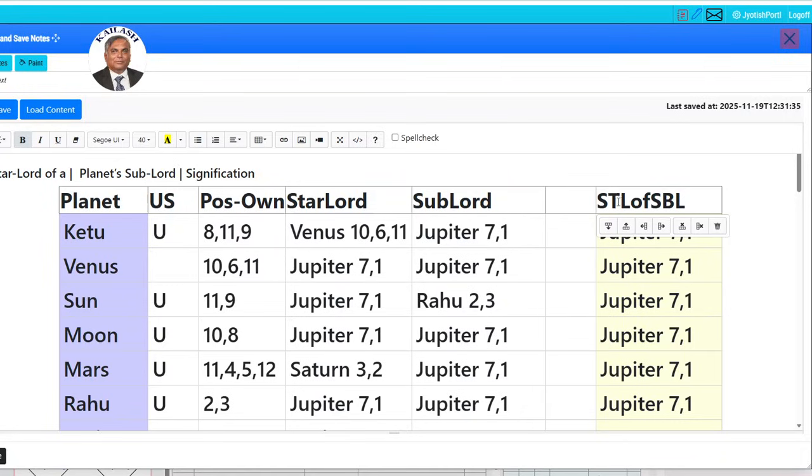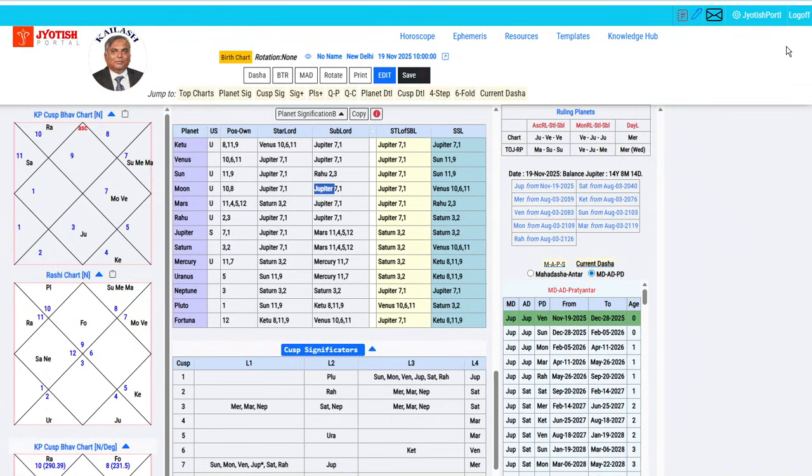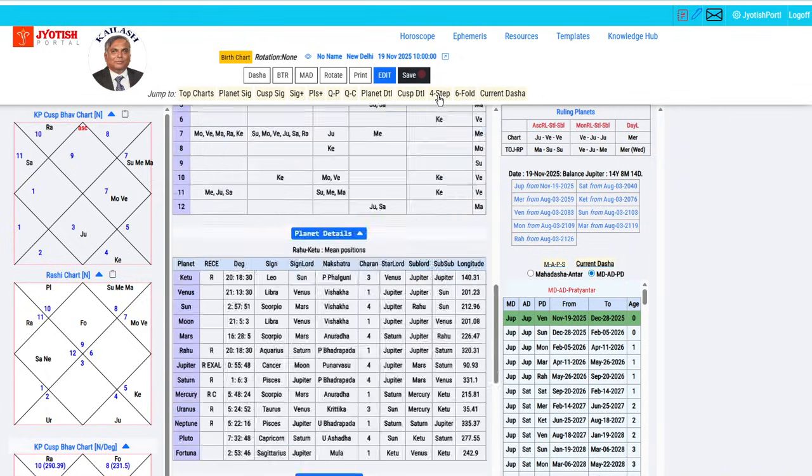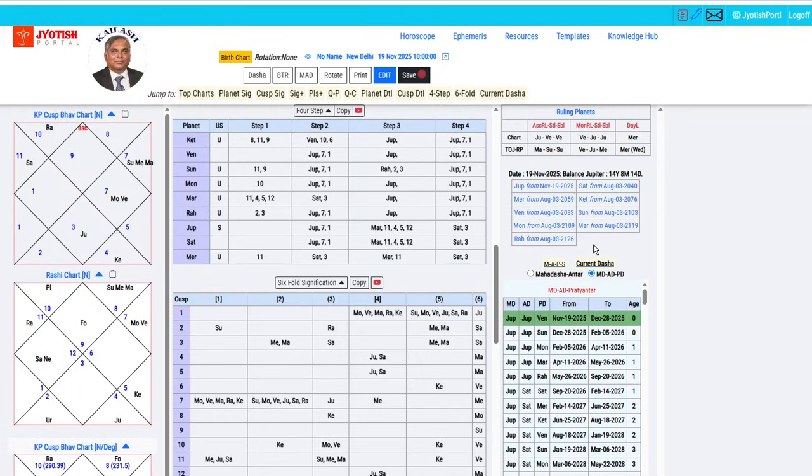But one interesting thing that you should know about the star lord of sublord is that the fourth step is actually derived from it. Normally in planet signification you only see the star lord and the sublord, right? But in the fourth step you will have these additional columns, and the idea behind it is the same that we discussed: the star lord of the sublord.